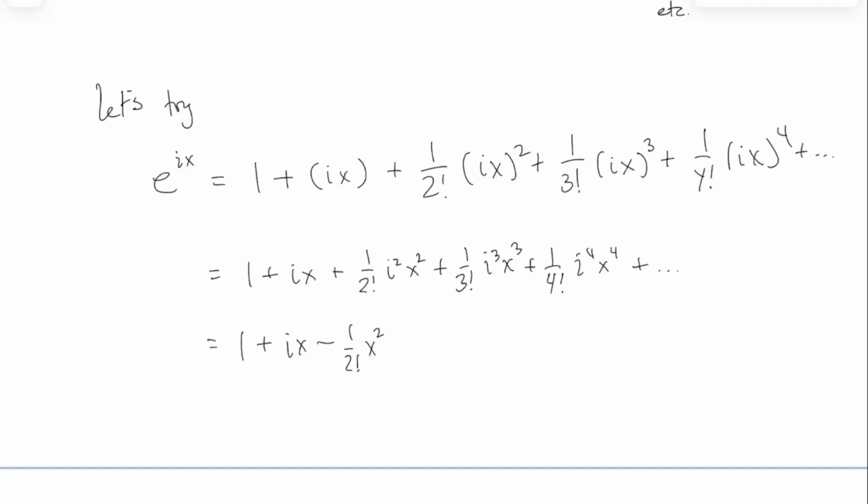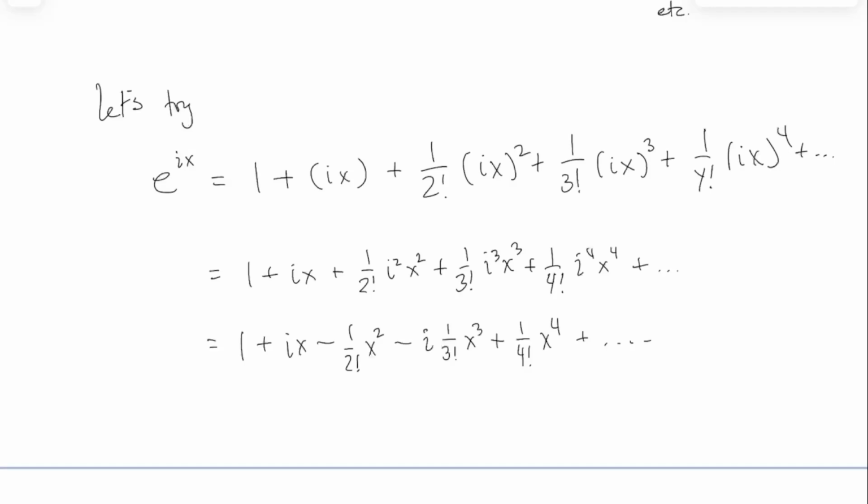So the next term is also a minus. And now I'll put the i first: i, 1 over 3 factorial x cubed. The next term has i to the 4, but i to the 4 equals 1. That's what we said before. So the next term is a plus 1 over 4 factorial x to the 4, and so on. All right?